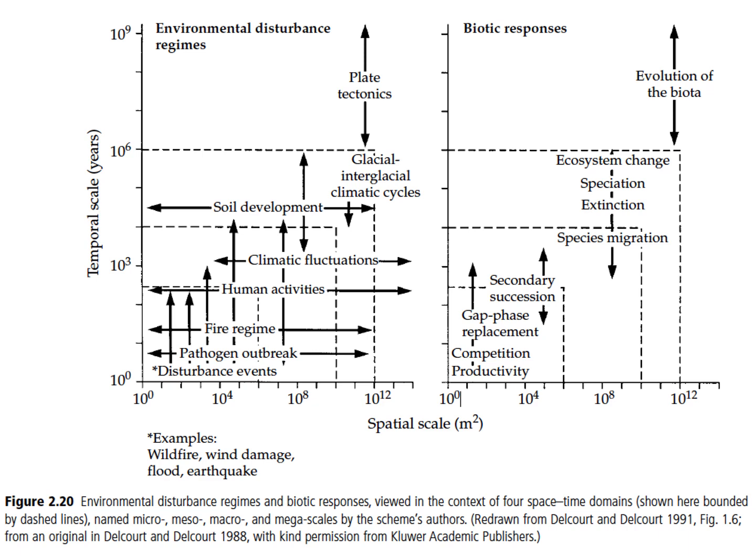And if you look at the biotic responses to disturbances on the right, the figure on the right, so competition, gap phase replacement, secondary succession, these are things that describe very short-term, very small-scale responses of biodiversity.